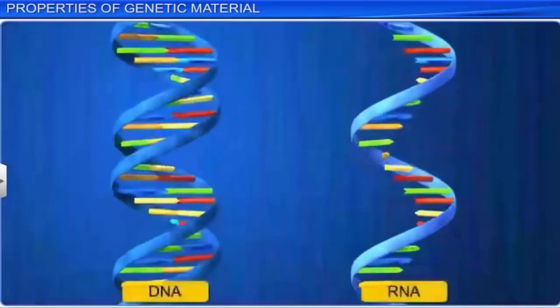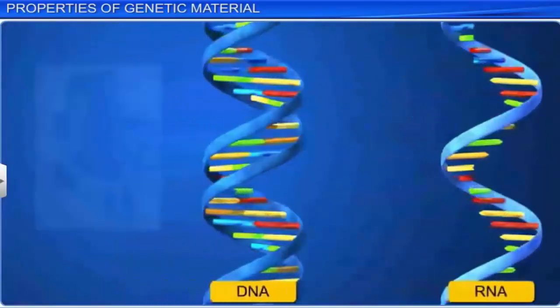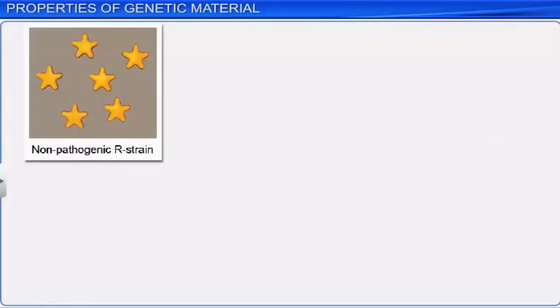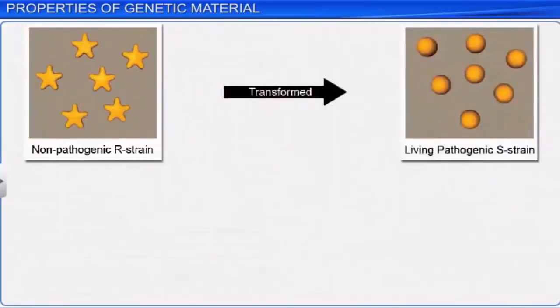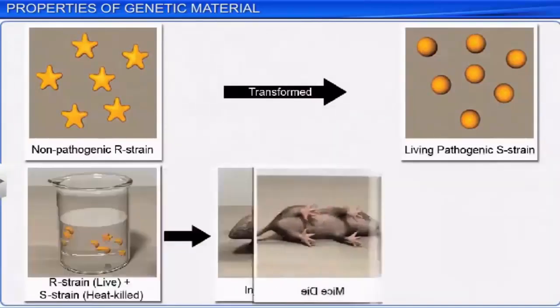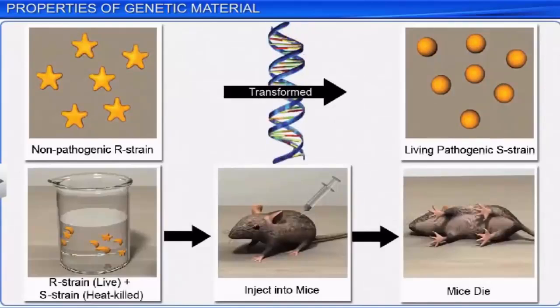Of the two nucleic acids, it was DNA that played a part in Frederick Griffith's experiment, where R strain bacteria had been transformed to living S strain. However, though the transformation killed the mice, it had not changed the properties of the DNA.